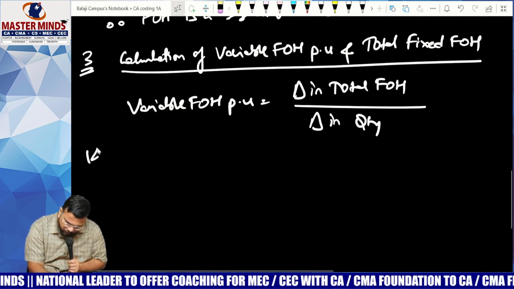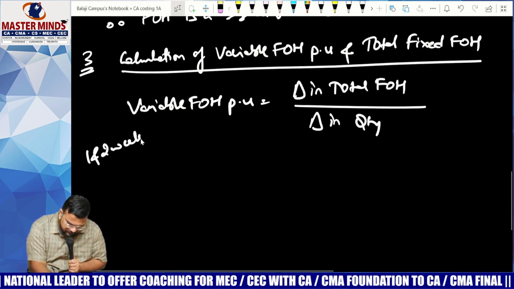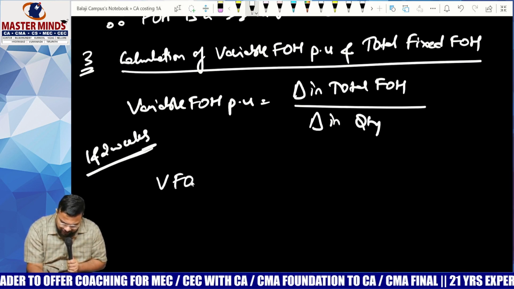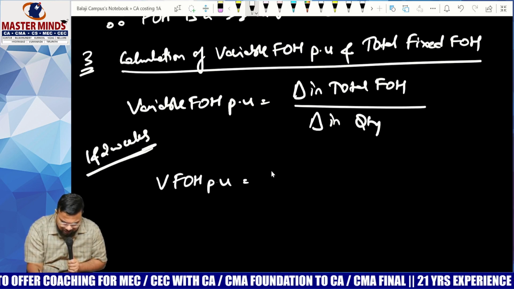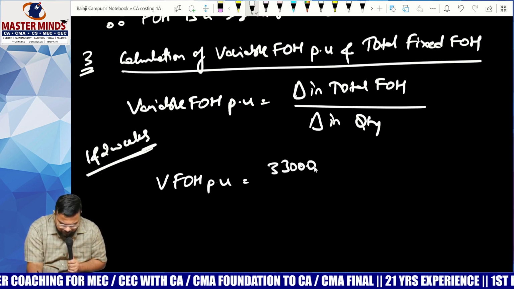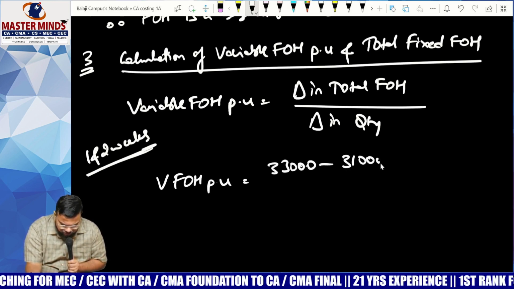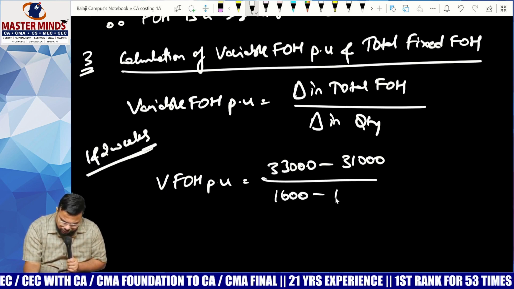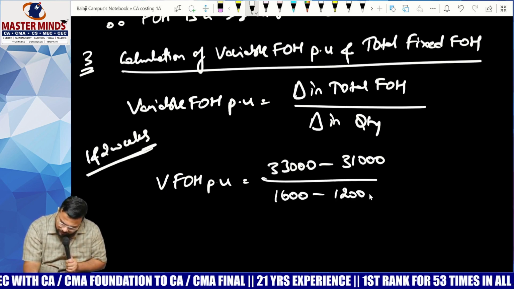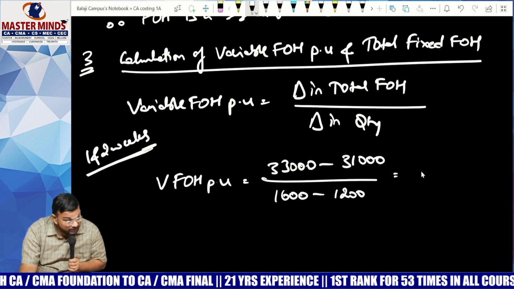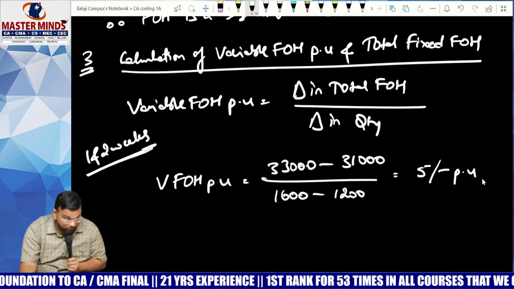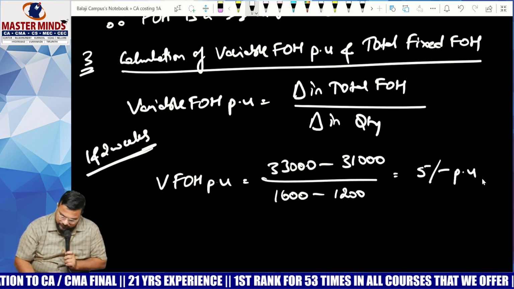So 33,000 minus 31,000 divided by 1600 minus 1200. So 2000 by 400. How much? 5 rupees per unit.